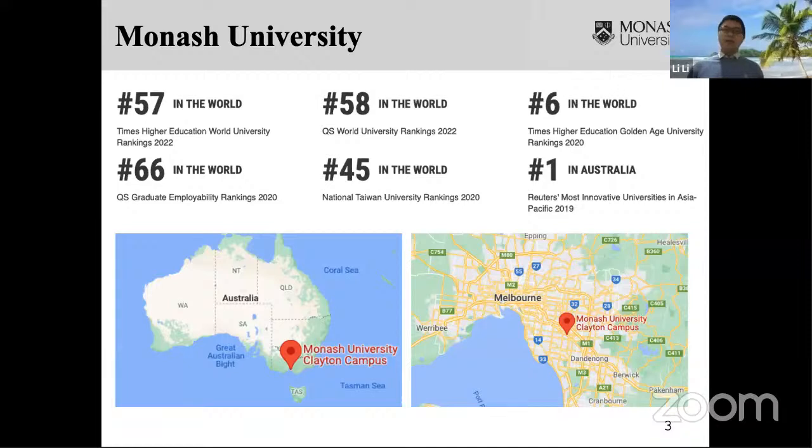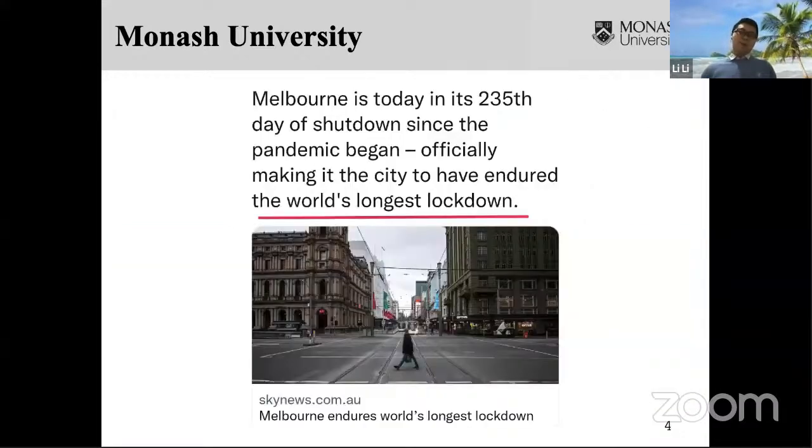If you are interested in visiting Melbourne or Monash University, please come. But certainly not now, as we are still in lockdown, unfortunately. Today marks Melbourne enduring the world's longest lockdown with 235 days already, and probably there's still 1 or 2 months to go.